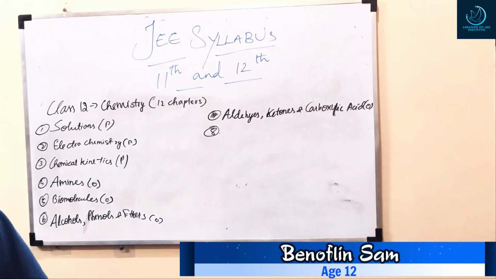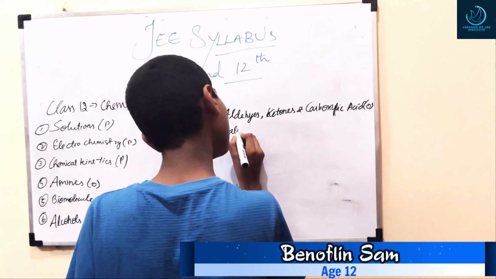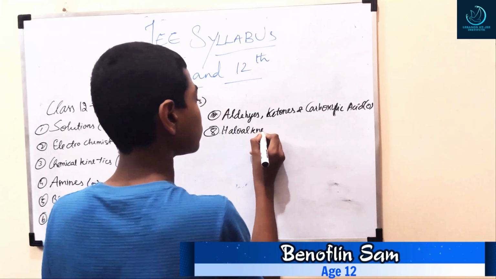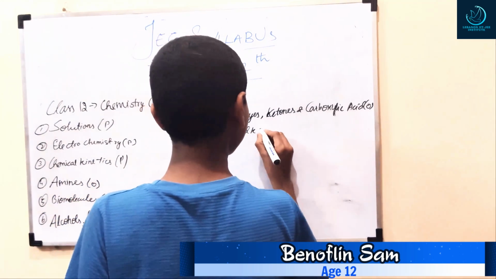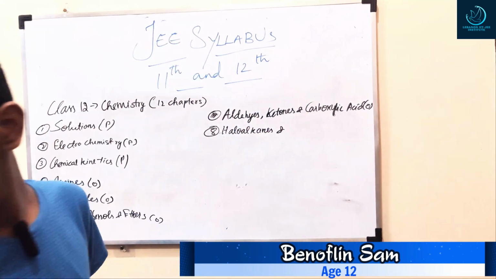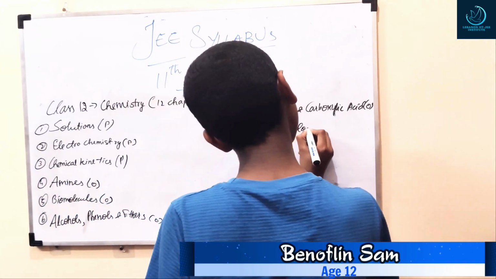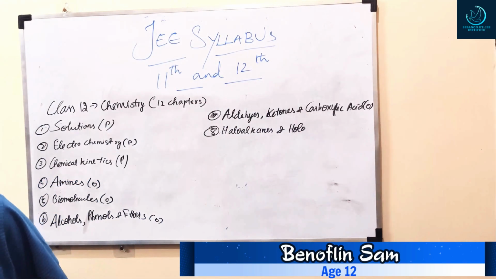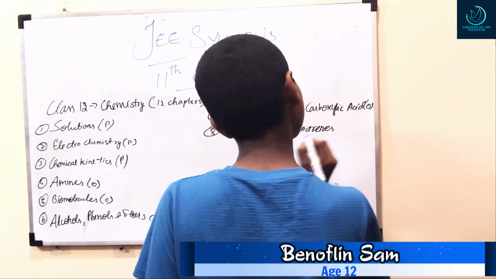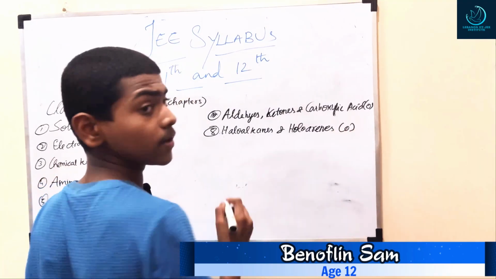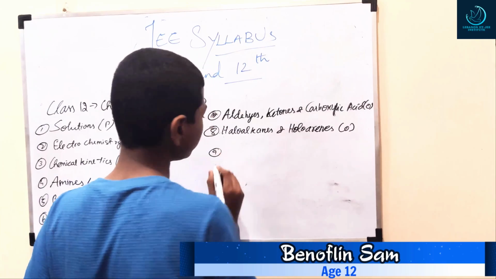Eighth is haloalkanes and haloarenes. This one is organic chemistry. The last ones are inorganic chemistry fully.